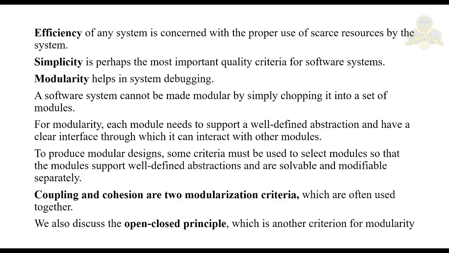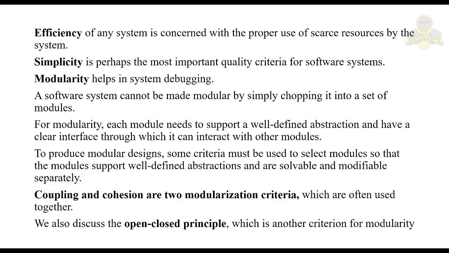Your design should be as simple as possible. You cannot have a cluster of requirements or different modules put together in a design. If I see a design, I should be very clear about it. It should be simple and easy to grasp, right? So it is a quality criterion for the software system.